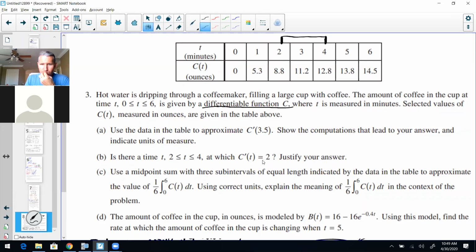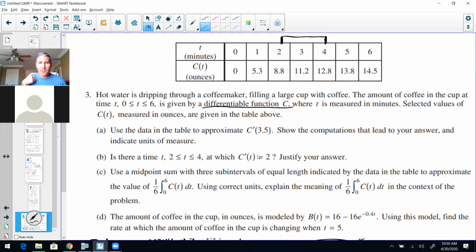The rate at which the coffee is going in the cup. Yeah, right. So if you are familiar with coffee makers, sometimes in the very beginning, it might start dripping a little bit, and then it'll come out faster. And then at some point it's coming out the fastest, and then it kind of slows down near the end, right?